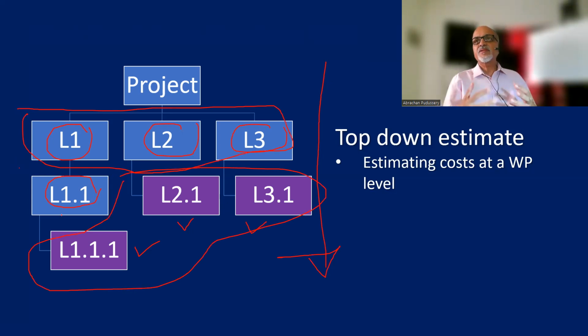But a definitive estimate is possible only when we decompose it into activity levels and stuff like that. But since it is going to be a lot of effort, those things happen only after getting the project and only while doing the detailed planning of the project. So this is top-down estimation.